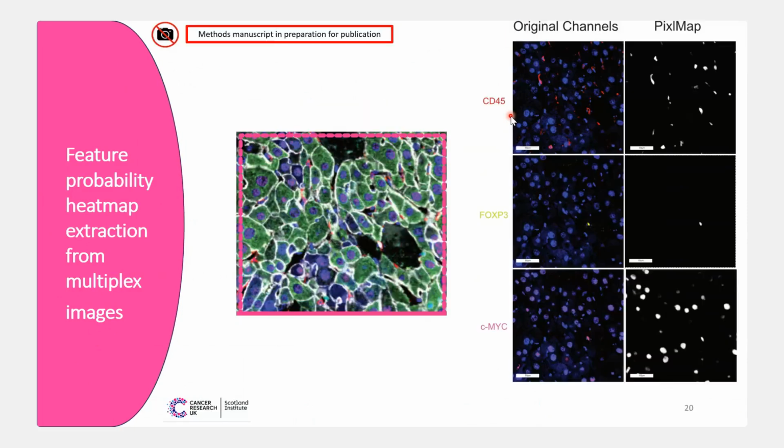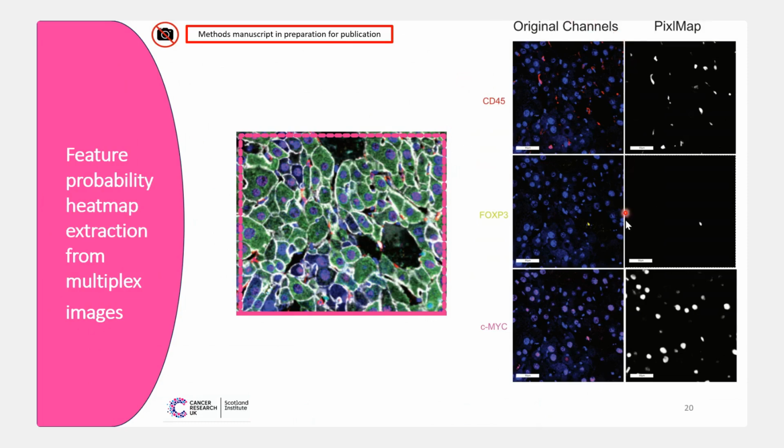And you can see here that, despite PixelMap only being trained on lung adenocarcinoma of human species, this is actually a mouse liver cancer tissue. Down the left-hand side here, these are just the original channels from this section of the multiplex with just the channel and DAPI turned on.